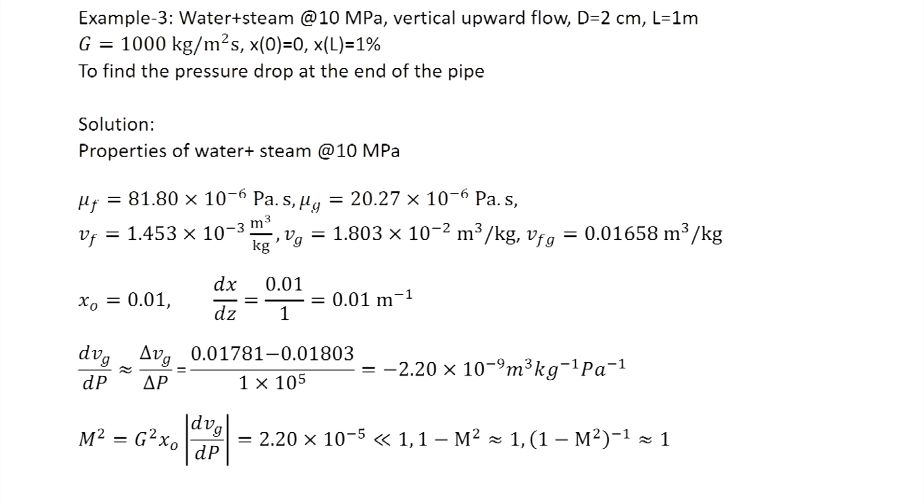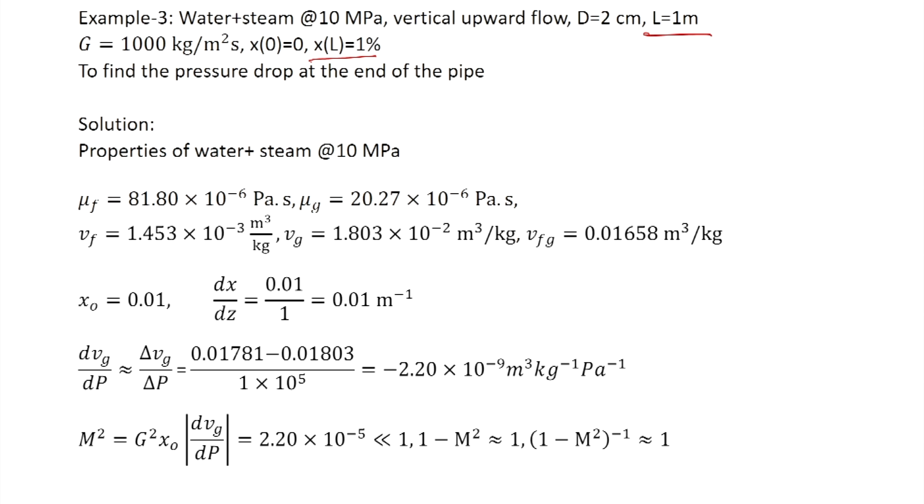So, in the example 3 all the data is as before except that the length of the pipe here is 1 meter and the outlet quality is 1%. The properties are same as before.